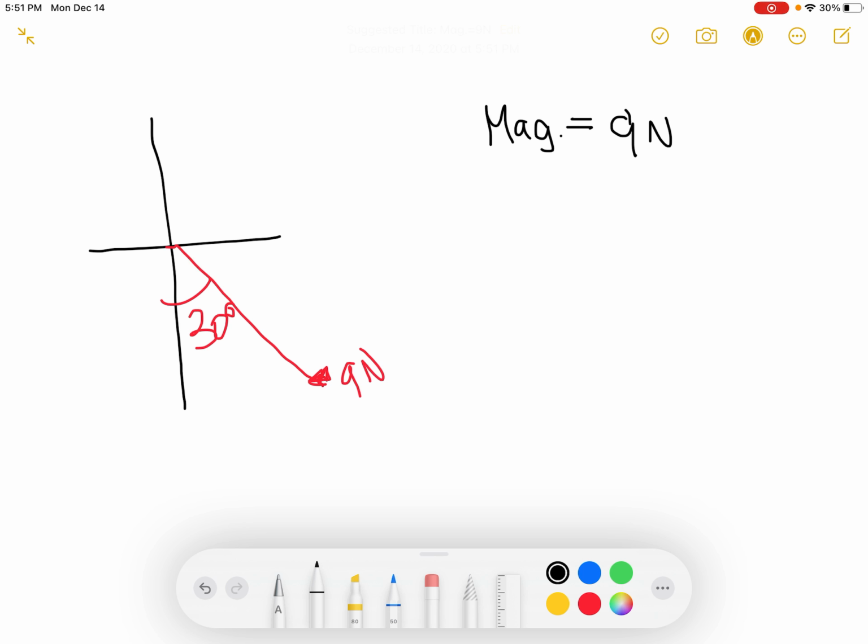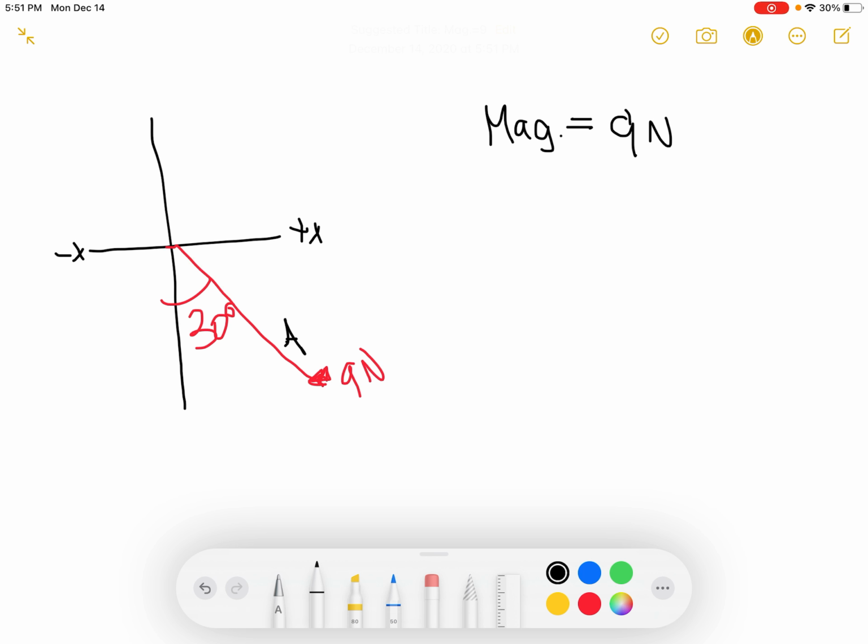And now, what is the direction relative of vector A? I forgot to label that. This is vector A relative to the negative y-axis. So this is the positive x. I talked about this in the last video.